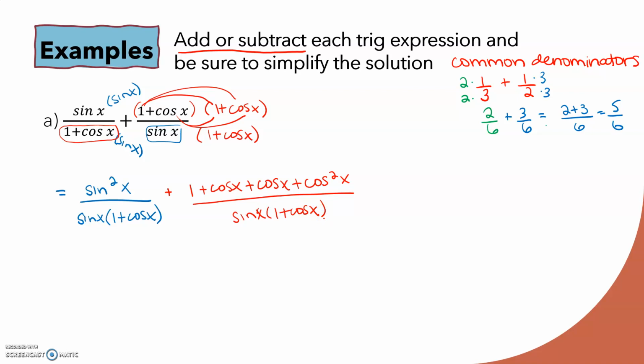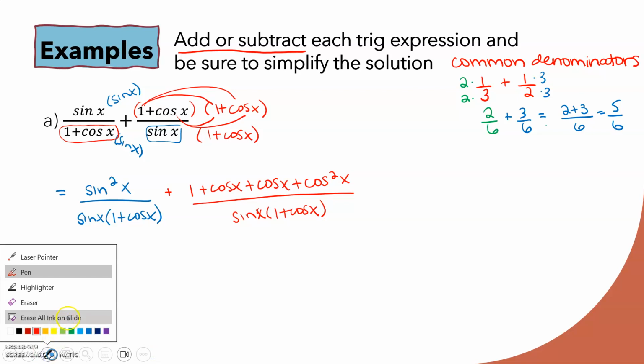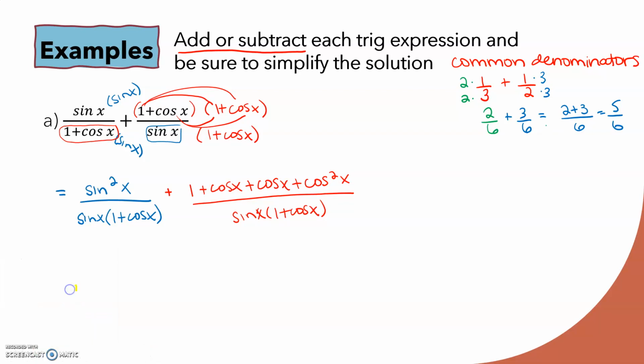Now from here, you don't have to necessarily show all of this work, but I'm going to do a couple things. I can see that my numerator is all in terms of cosine, except for this sine squared of x. So I can write them all as one numerator together, but I do need to make sure that I change that sine squared of x into 1 minus cosine squared of x using my identity.